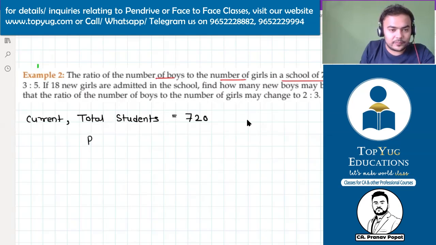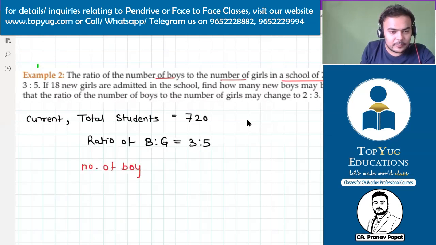Now the ratio of boys to girls, B ratio G, is 3:5. Can somebody tell me the current number of boys and number of girls?